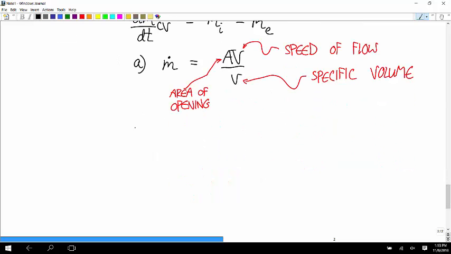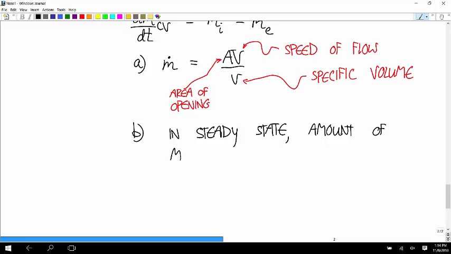And then the second equation, that's useful pretty often, is if it's in steady state, the amount of matter inside the system is constant in time. It doesn't change over time.